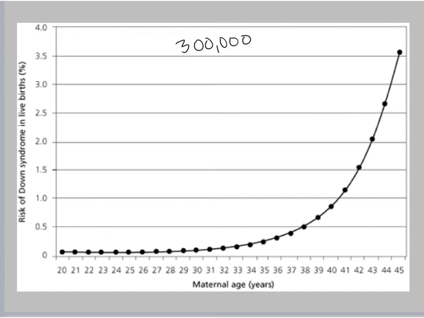And so one of those malfunctions or abnormalities in chromosome separation is a condition called trisomy 21. That's what we would more commonly refer to as Down syndrome.